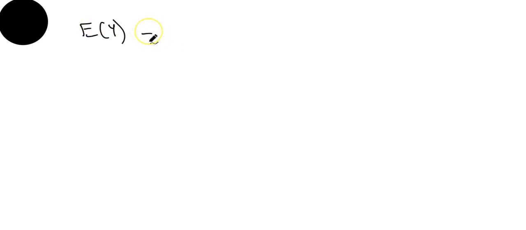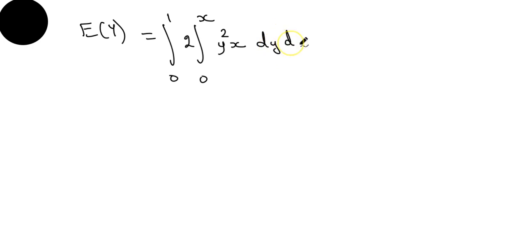Okay, next I need to find my E of y. My E of y is going to be integral 0 to 1, integral 0 to x, y times 2xy, so 2 into y squared x, dy dx. So this is twice integral 0 to 1.